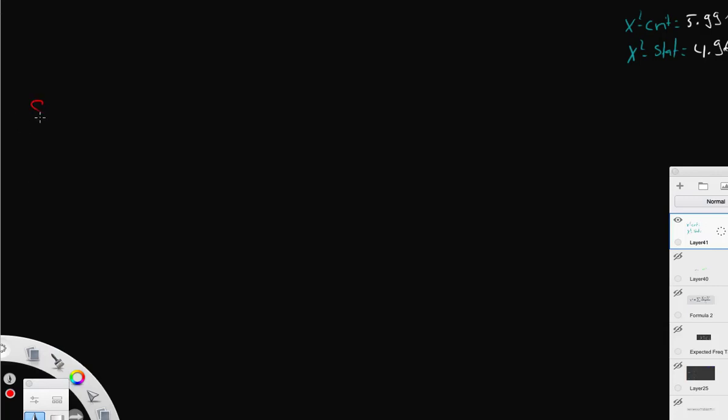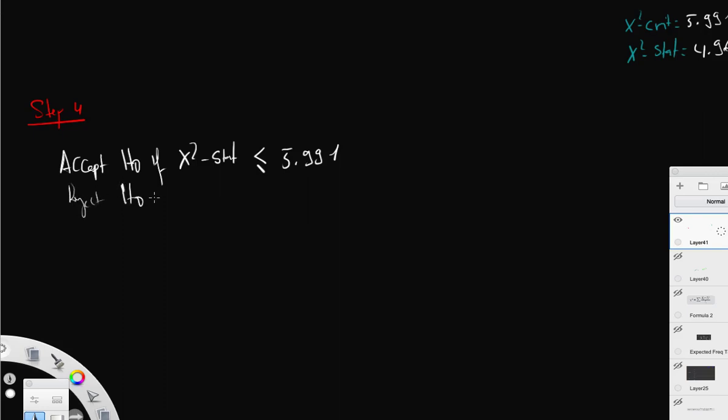Coming now to step 4, I'll just rewrite what we said, that we will accept the null hypothesis if our chi-square stat was less than or equal to 5.991, and we were going to reject the null hypothesis if the chi-square stat was greater than this value.